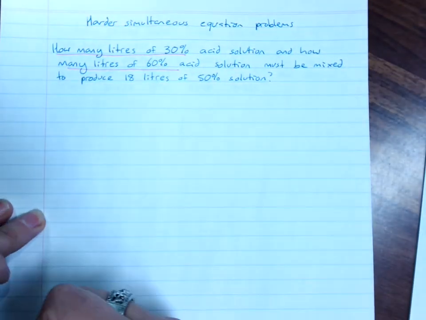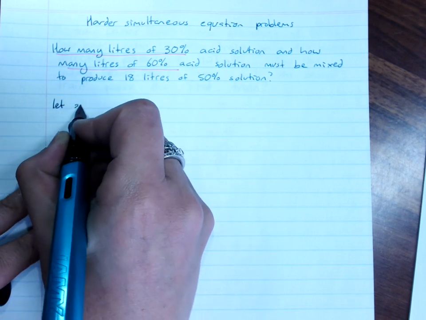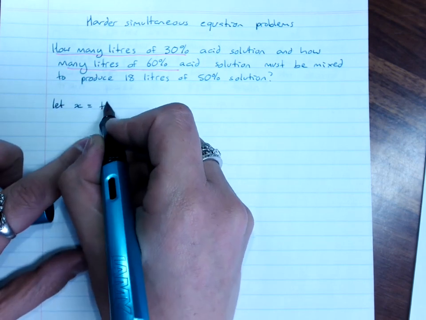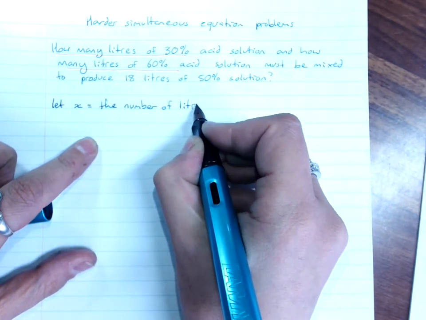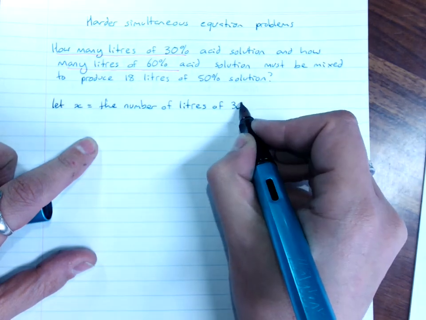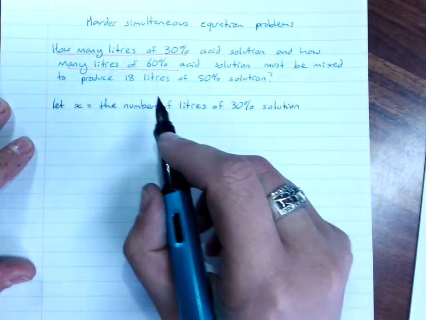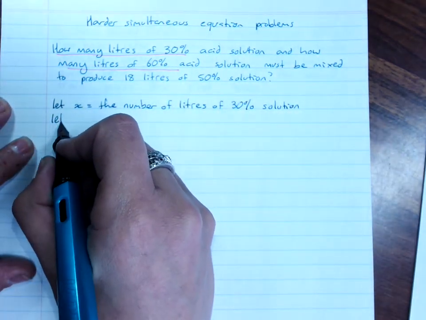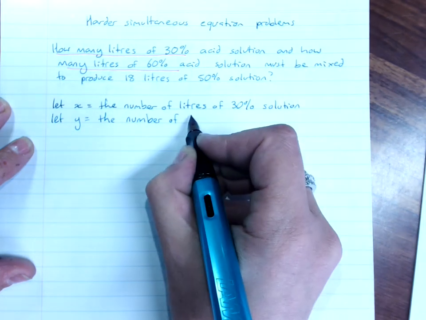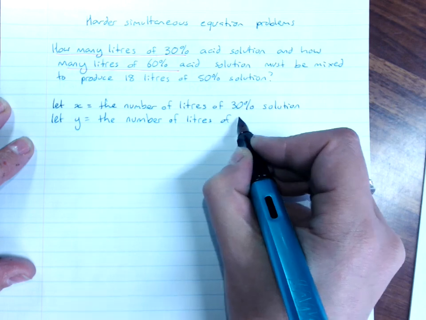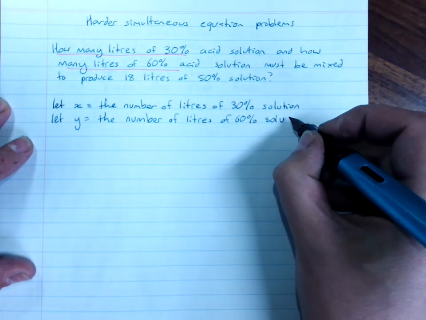That tells me that when I allocate my variables, let x equal the number of litres of 30% solution and y will be the number of litres of 60% solution. Because that's what they asked for, so that's what I want as my variables.